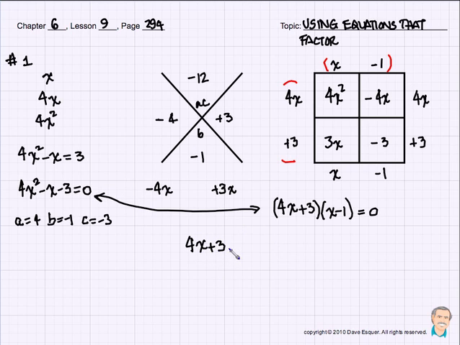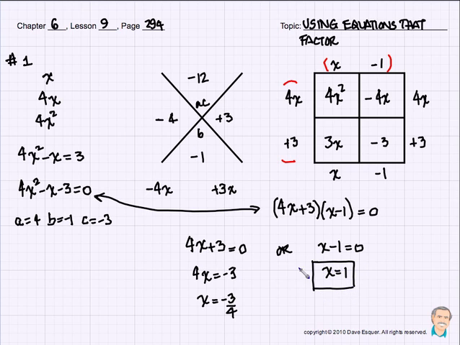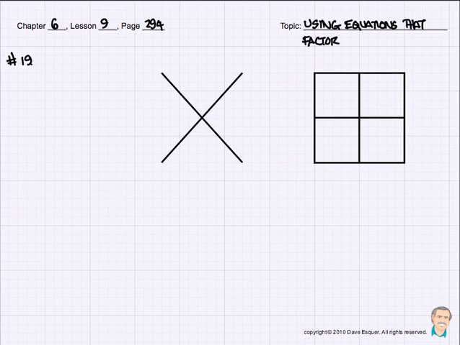So either 4x plus 3 is equal to 0, which means 4x is equal to a negative 3, or x is equal to a negative 3 over 4, or we have x minus 1 is equal to 0, or x is equal to 1. So we have two numbers that we could be using. x is equal to 1, or x is equal to negative 3/4. And those both work for problem number 1.